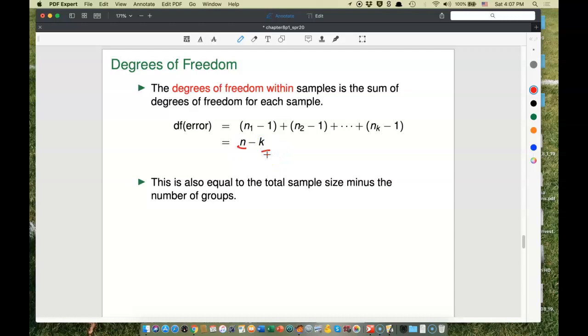So in this case, what we're going to be getting is 56 minus 1 plus 57 minus 1, and so on up to 56 minus 1. And we get 349 minus 6. So it's 343 is the total degrees of freedom.